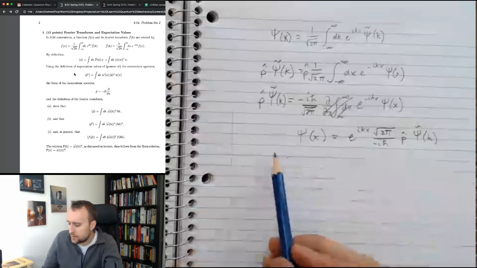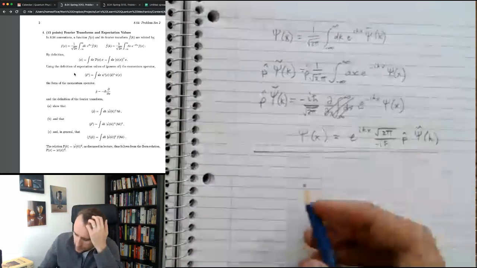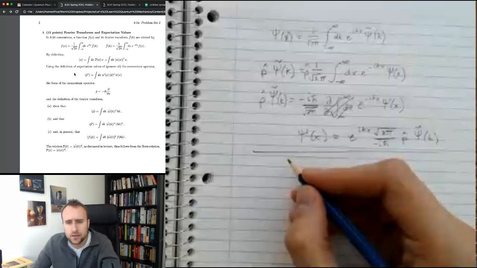Maybe I'll work from the equation that we are showing and go backwards. So I'm just going to leave this for right now because maybe this is the wrong direction.